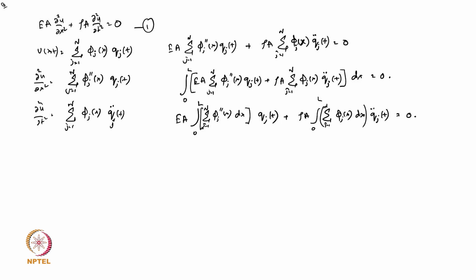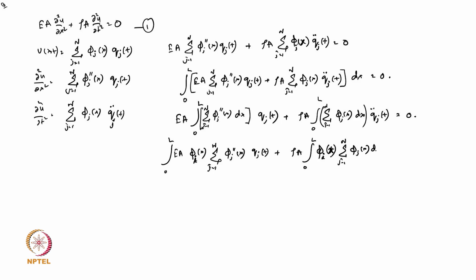Okay, now if I write it this way, then I can also do the Galerkin approach here, because once I write it this way, I can multiply with phi j x, or maybe phi i x, that is some other index, not the jth, that is some other. Phi i x.